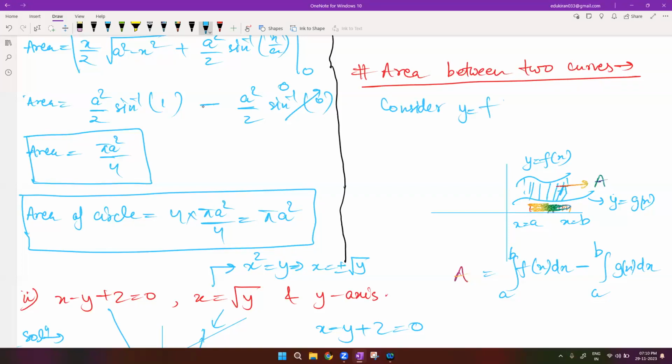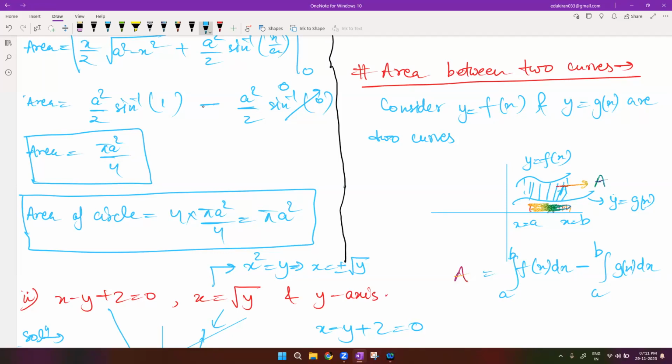Yes, sir. Okay. So consider y equals fx and y equals gx are two curves. Before solving this question, you can also write this. This is the only concept in this chapter: either we have to find the area under a curve or we have to find the area between two curves.